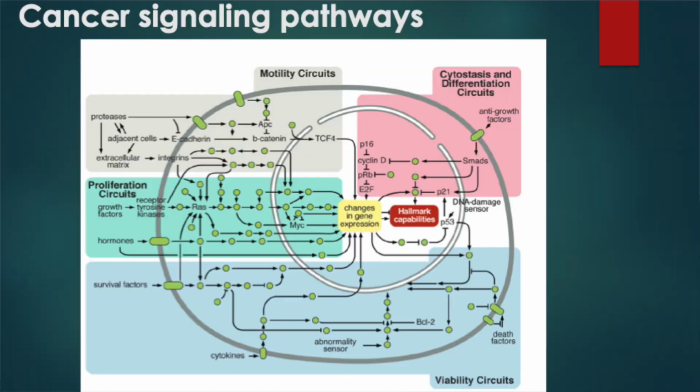And in order to help the cancer cells achieve this phenomenon, there are certain pathways that are activated. Some of the pathways that we can think about are the viability circuits, wherein these cells will improve the motility, and they will slowly move to the distant sites.